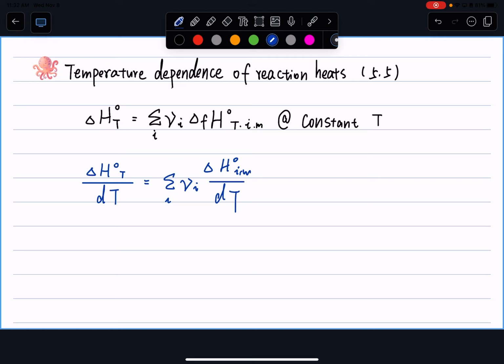Or since we're talking about the standard state of a specific substrate, or reactant or product, that standard state will be ideal. So what we have is the heat capacity equals to the partial derivative of H over T at constant P. So your Cp, standard state, equals to dH over dT.